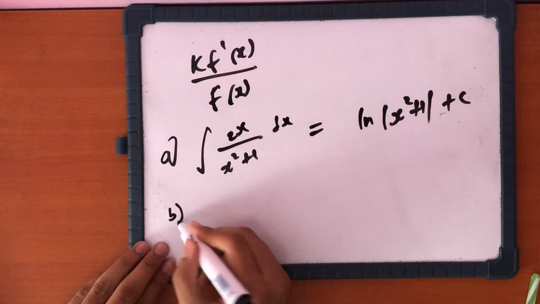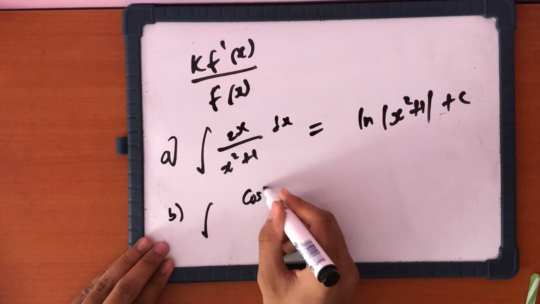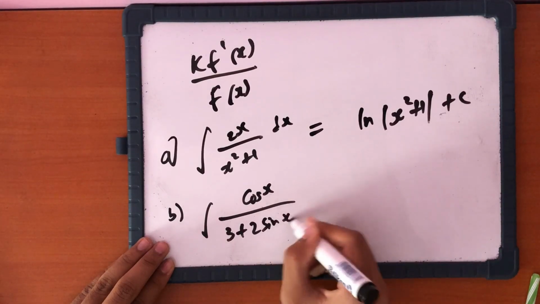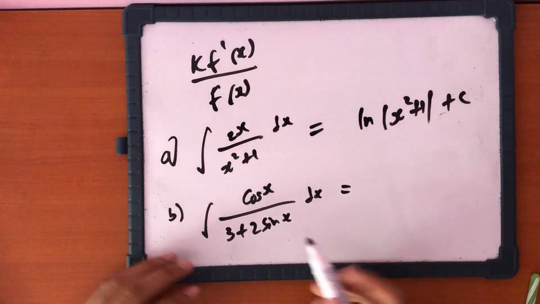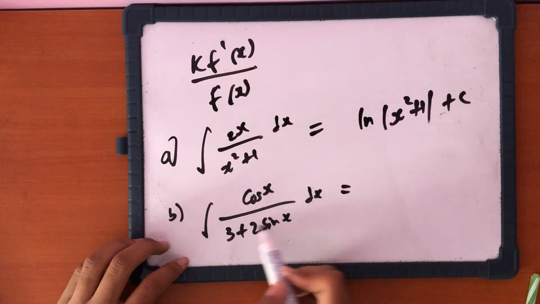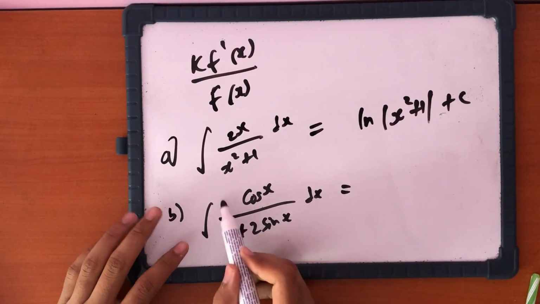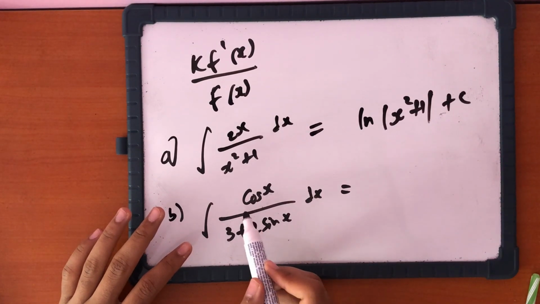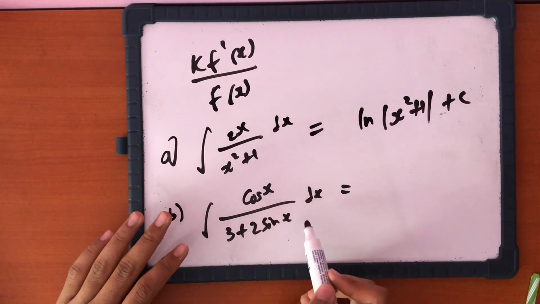Part B. Integral of cosine x all over 3 plus 2 sine x dx. Now here again you see that the derivative of 2 sine x is 2 cos x. So it's just a constant adjustment that's missing. Everything else is okay.